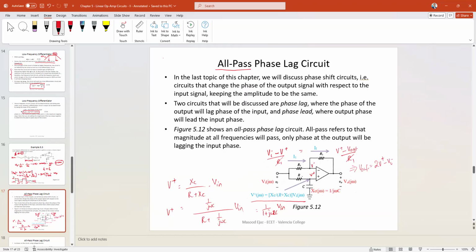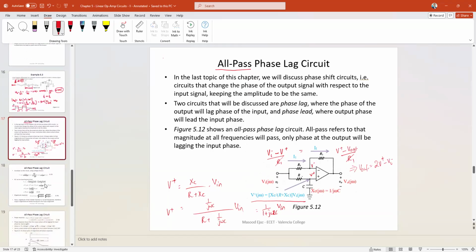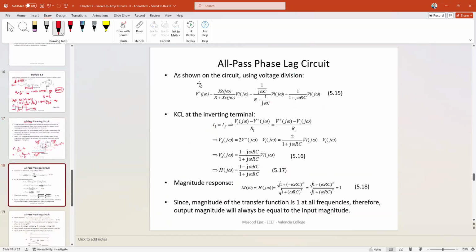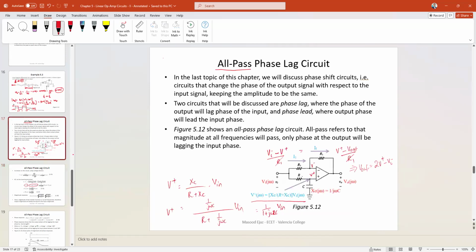And this equation is on the next slide. V positive we found first, then we applied KCL at the inverting terminal, and we get V output equals 2V positive minus V input. Of course, all of these are in phasor quantities, so functions of j omega. V positive, we found out, is 1 over 1 plus j omega RC times V input.